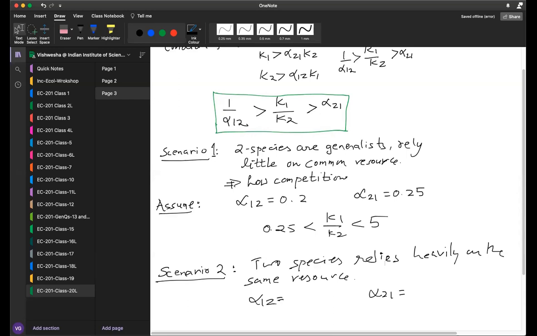See, what does any alpha greater than 1 even mean? It means that I am actually sharing a resource more with another species than with my own species, right? So don't you think alpha equal to 1 is in some sense the limit?